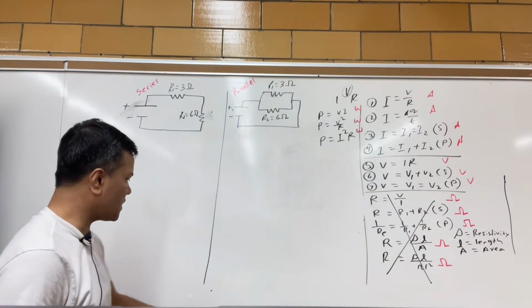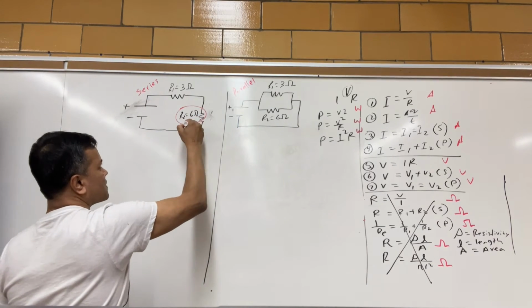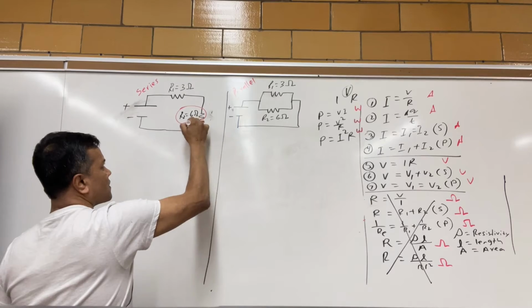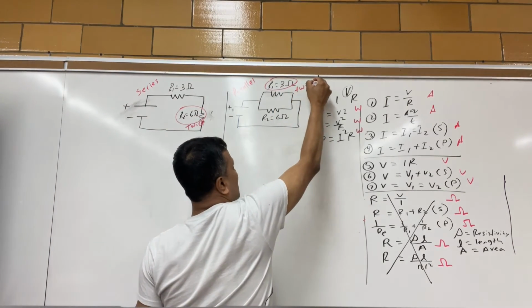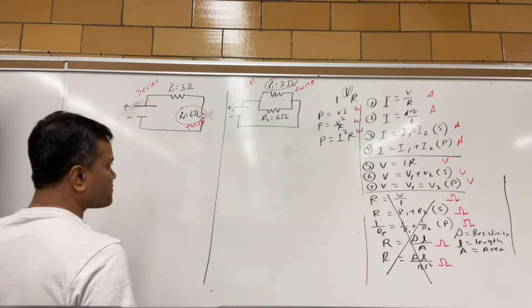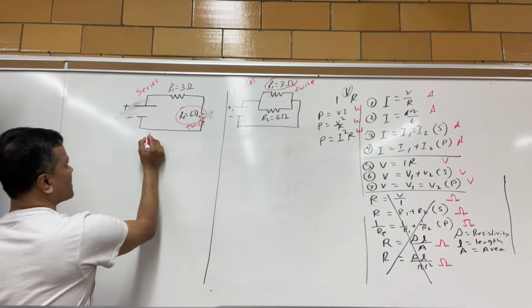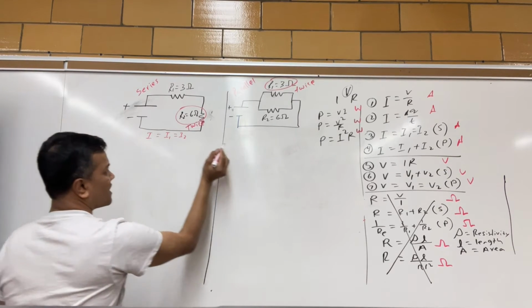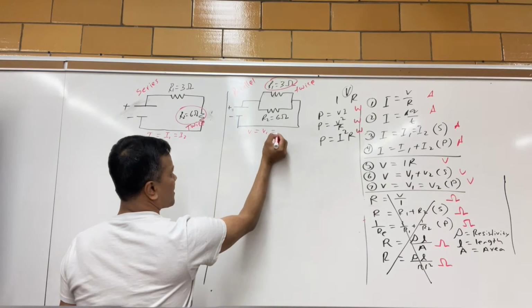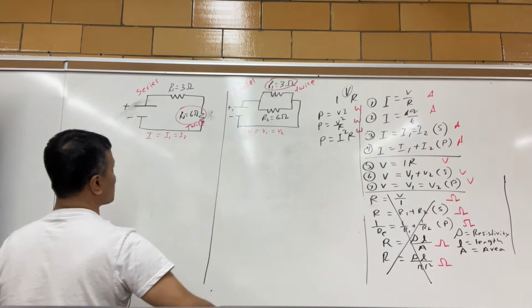Okay, so this one would be twice as bright, and this one would be twice as bright. How do we know? Let's see. In series the current is the same across the circuit, and in parallel the voltage is the same across the circuit. We're going to keep this in mind to prove that.